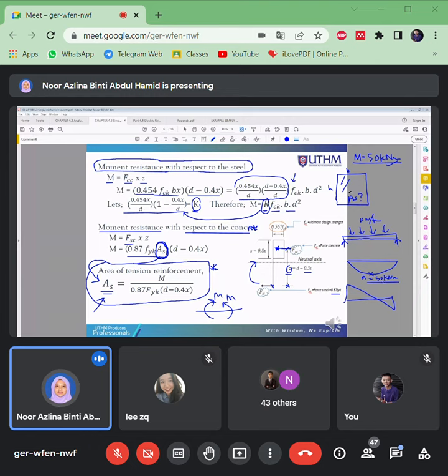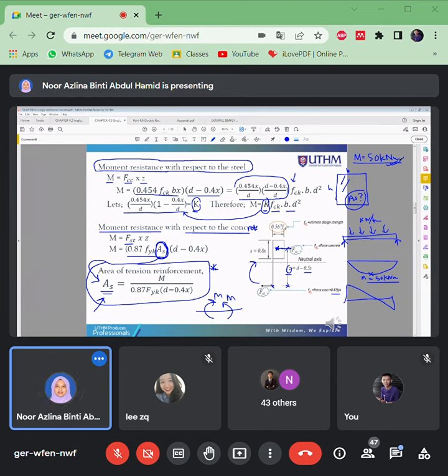So from these sections, from this maximum ultimate moment, what the reinforcement should be provided. So that's why you need to understand the patterns of the question.